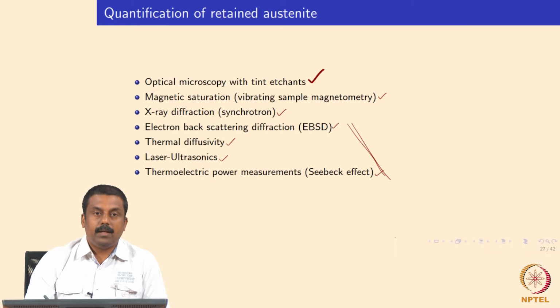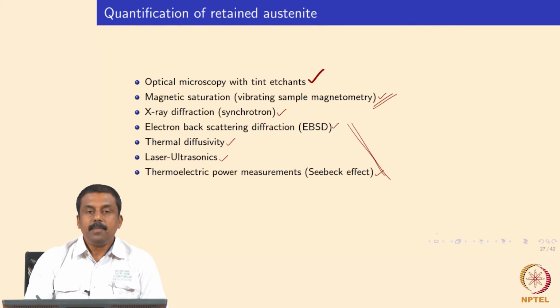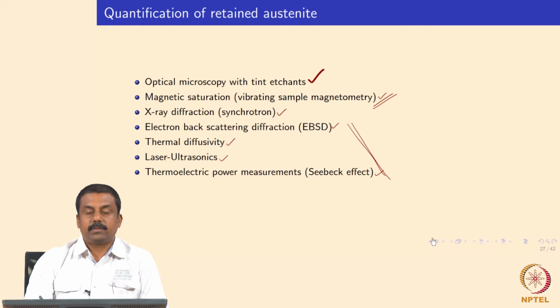But the most common method used for quantifying retained austenite in steel is the magnetic saturation method. So why the magnetic saturation method? Because when you look at the microstructural constituents of steel, the austenite is paramagnetic. That means it is non-magnetic, compared to the other commonly present microstructural constituents.